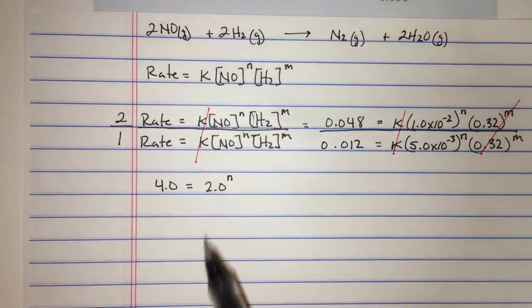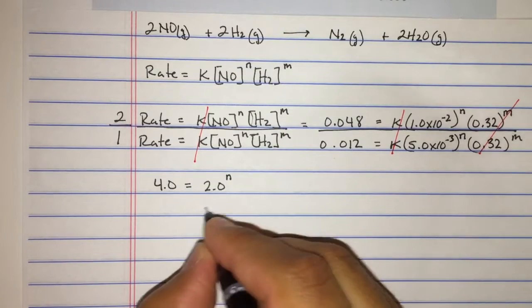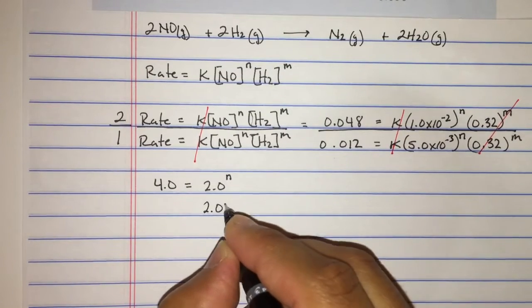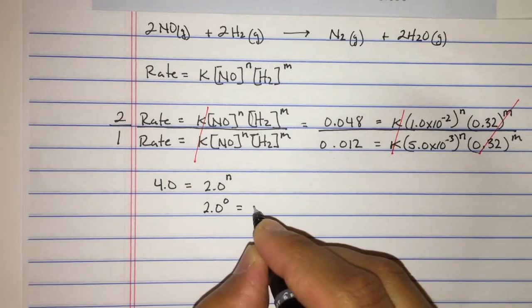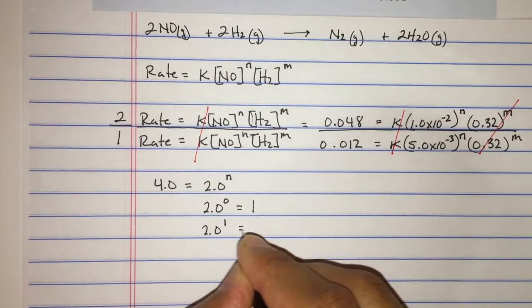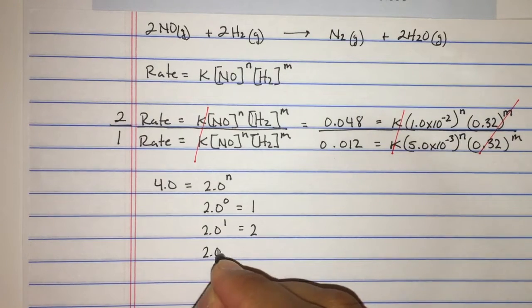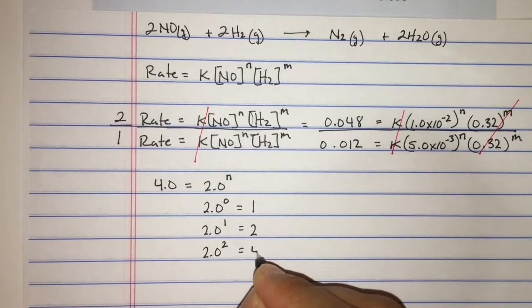Okay, so what is n? Let me show you this. 2.0 raised to the 0 is equal to 1. 2.0 raised to the 1 is equal to 2. 2.0 raised to the 2 is equal to 4.